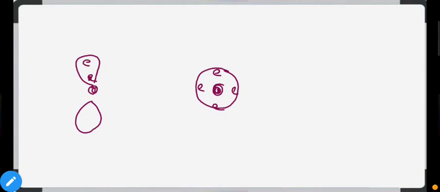It will be comparatively farther than the electron of an s orbital, like this. So this is the maximum possible range of the s orbital electron. As we can see, if the electron is present within this range, then it will be closer, but if it is present out of this range, then it will be away from the nucleus.